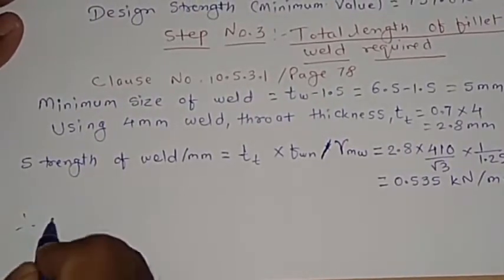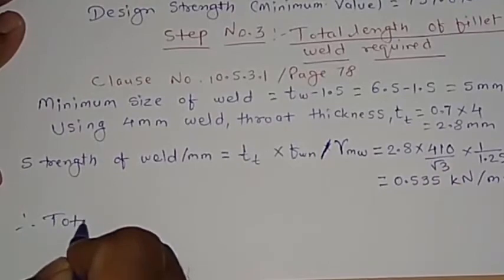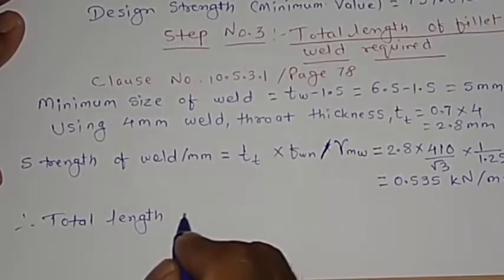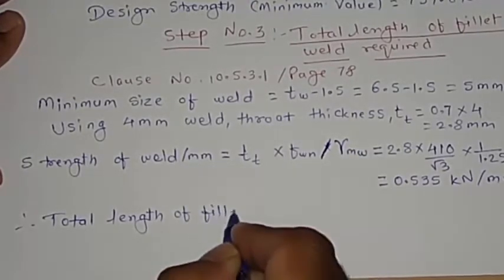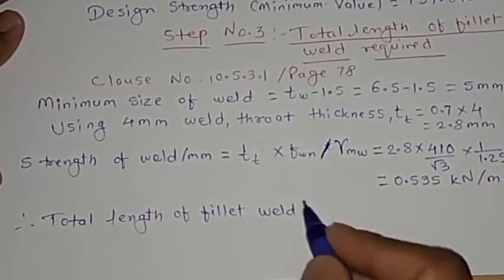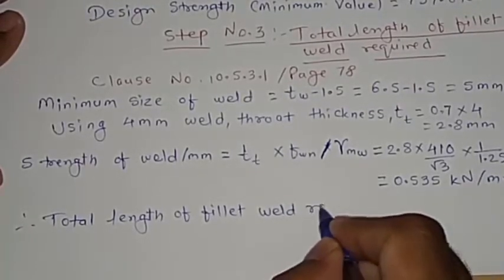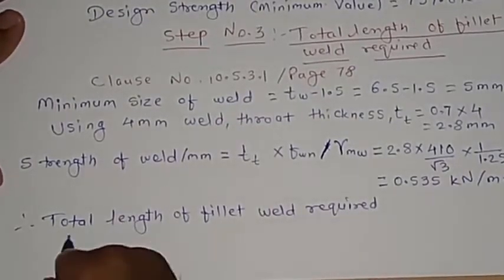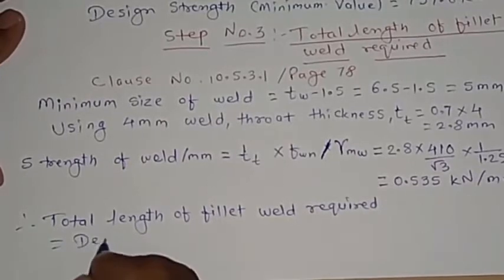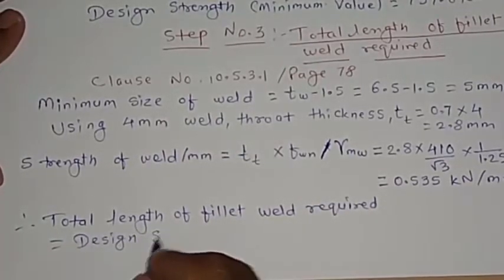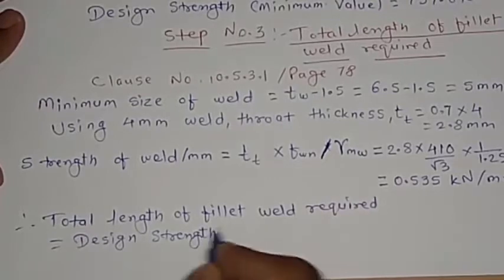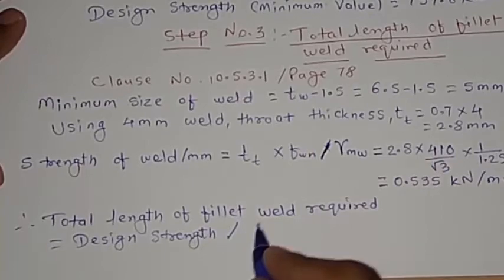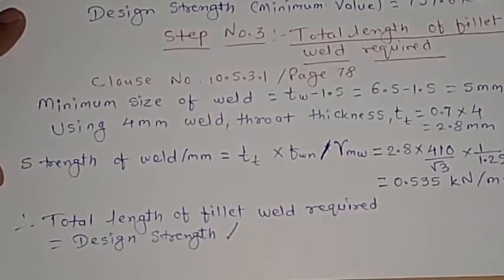So in the next step, the total length of fillet weld required is equal to design strength divided by strength of the weld per mm.